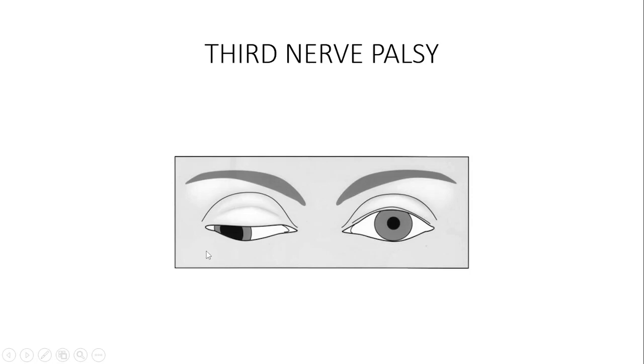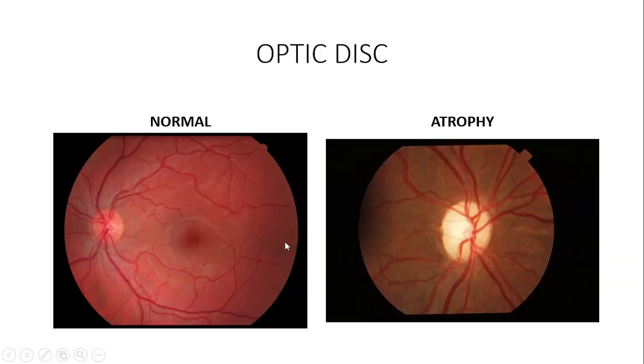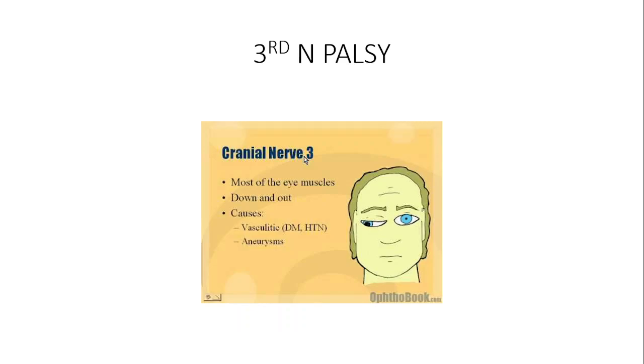But if the pupil stays the same size or it even dilates to your light, then it means that the pupil is what? Involved. And if the pupil is involved, then you narrow down your diagnostic features to the pupil involving ones. Okay? Alright.